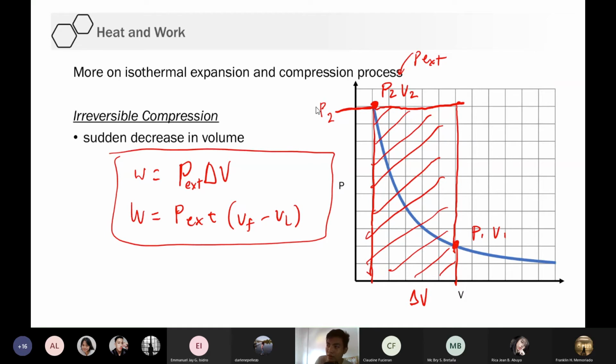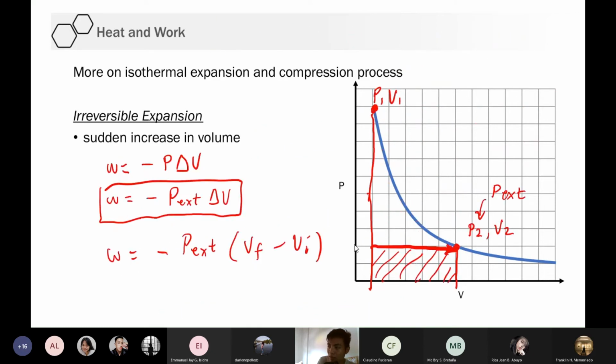Yung square lang. So, ito yung height. Kasi dito tayo natapos. So, ito yung height. Tapos, ito yung length. No? So, length times, ito yung height, ito yung width. No? So, ayan. Length times width, ayan. You get the area. Kung saan ka natapos, dun yung vertical axis mo. At kanina dito tayo natapos. Kaya dito yung vertical axis.